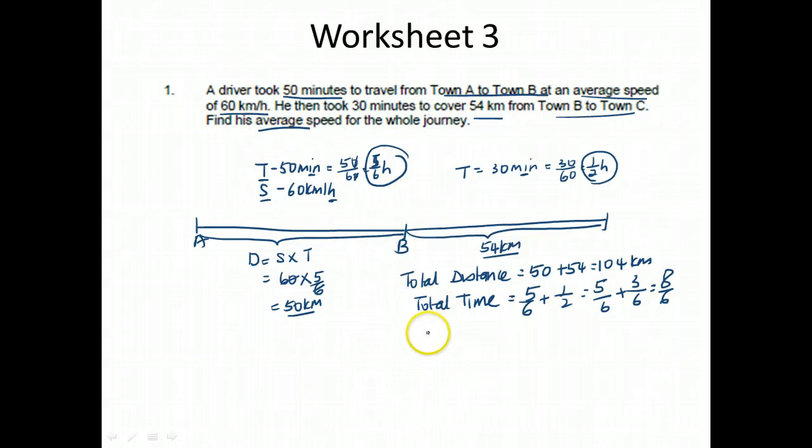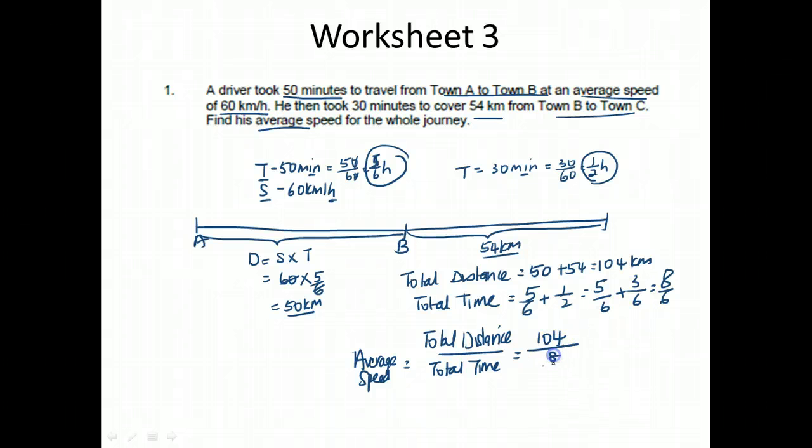We take total, average speed is total distance divided by total time. Total distance is 104. Total time is 8/6. So 104 divided by 8 out of 6. 104 times 6 out of 8. And my answer would be 78 kilometer per hour.